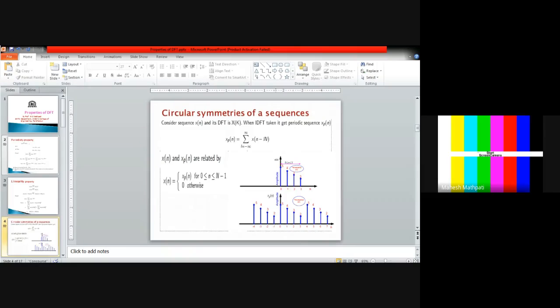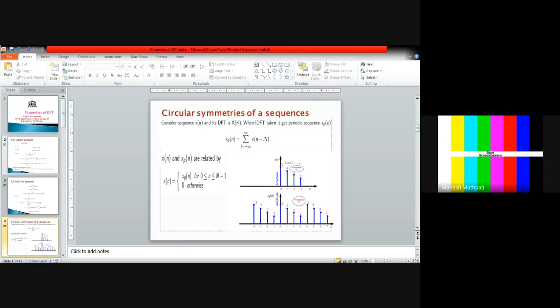Okay. So next, if I take the shifting of a signal and apply it, what am I doing here? Let xp of n be shifted by k units to the right.